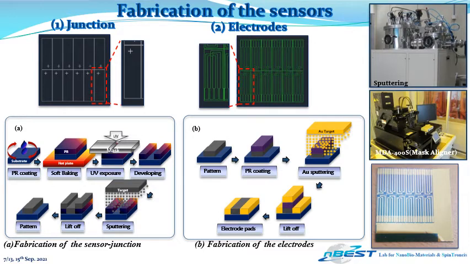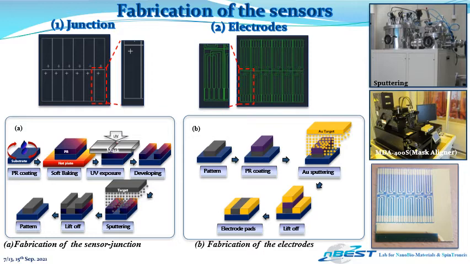The fabrication of the sensors lies in two stages. The first stage is the junction fabrication, and the second one is the electrodes fabrication. For the junction fabrication, we use a combination of photolithography and the sputtering technique, where we have the photoresist material onto the silicon substrate, followed by soft baking, UV exposure, developing, and the deposition of the desired thin film structure using sputtering, and finally lift-off.